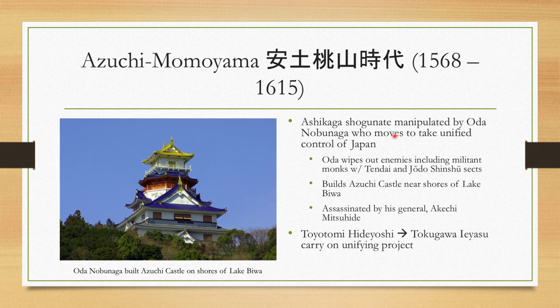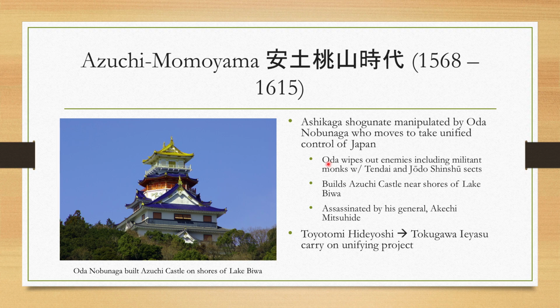The Ashikaga shogunate was being manipulated by Oda Nobunaga, who eventually starts to take control for himself and begins this project of unifying the country. Oda Nobunaga is known as one of the first three great unifiers who paved the way for the Tokugawa Bakufu to rule during the Edo period by unifying the country.